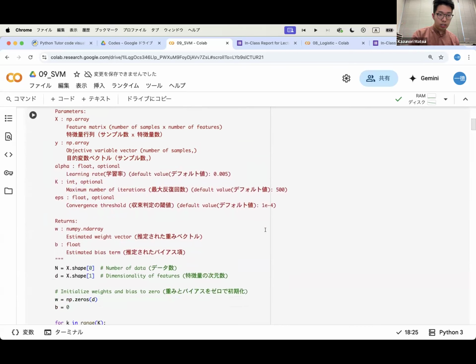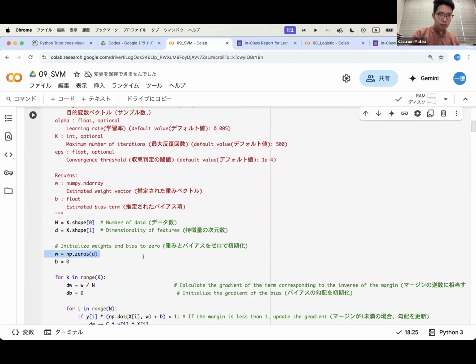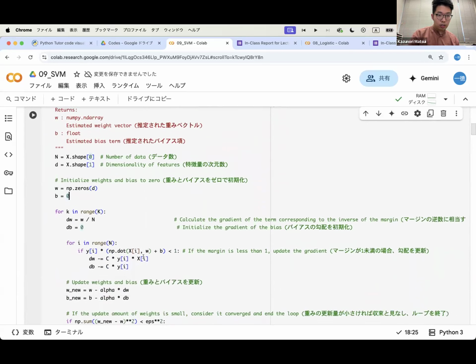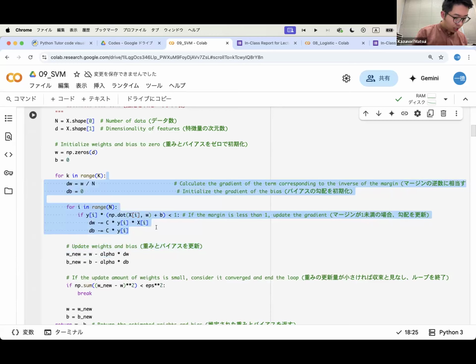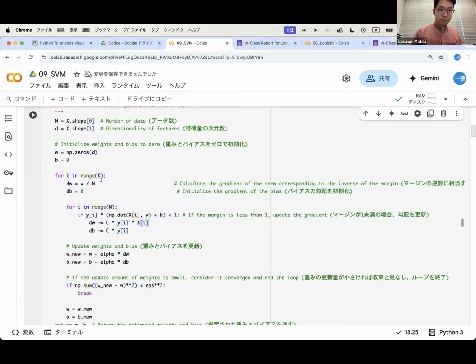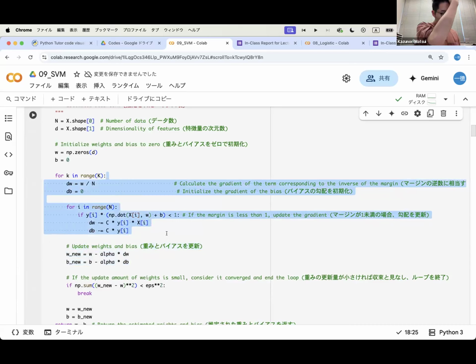First, we initialize W and B, so the bias, to 0. Then we calculate dW, which is a gradient, and dB, which is a partial derivative with respect to B. Here is the part that calculates the gradient.